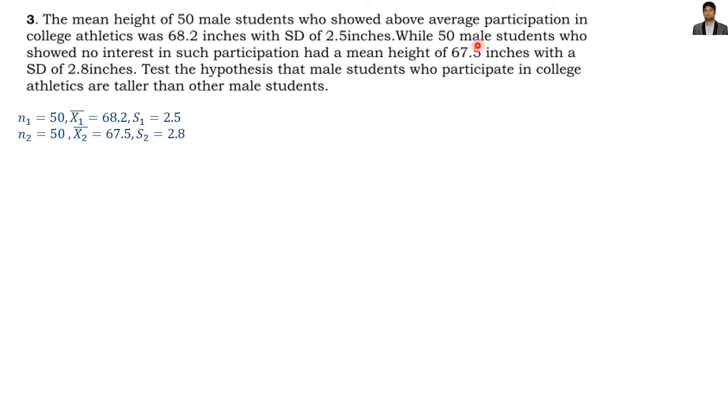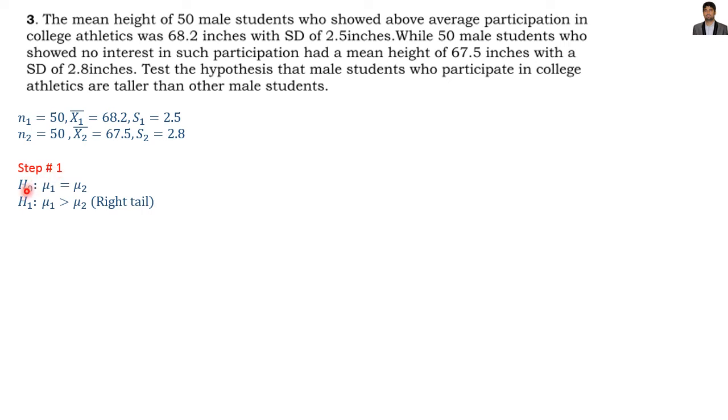While 50 male students, N2 is equal to 50, who showed no interest in such participation, had a mean height, so the mean X bar 2 is equal to 67.5 with the SD of 2.8 inches. S2 is equal to 2.8. Test the hypothesis that male students who participate in college athletics are taller than other male students.